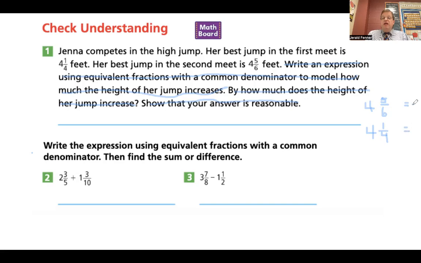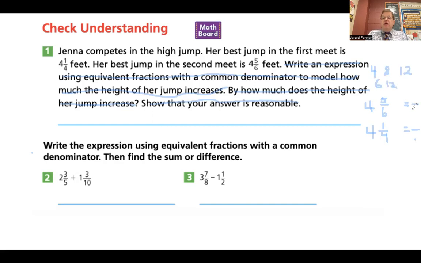What would be the least common denominator that we can get between 6 and 4? If we list our multiples of 4, it'd be 4, 8, 12. And if you're used to the patterns by now, because we've done this one before, it would be 12.